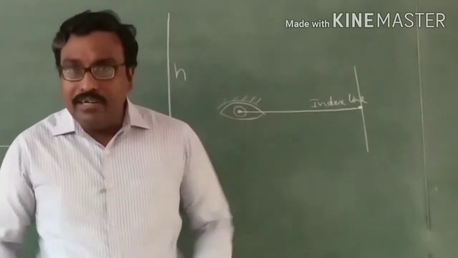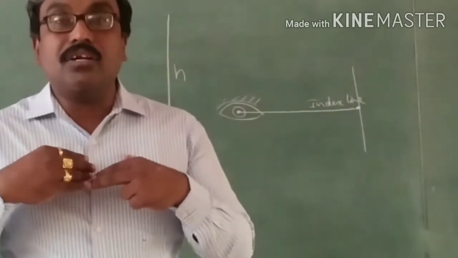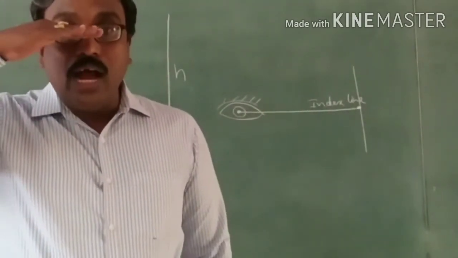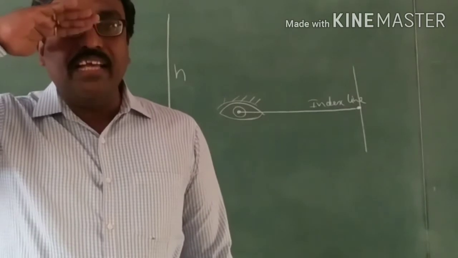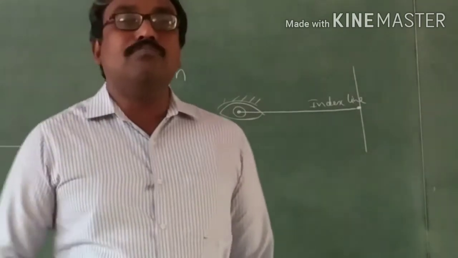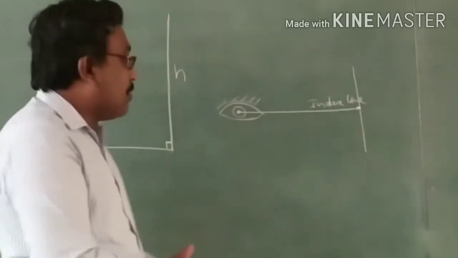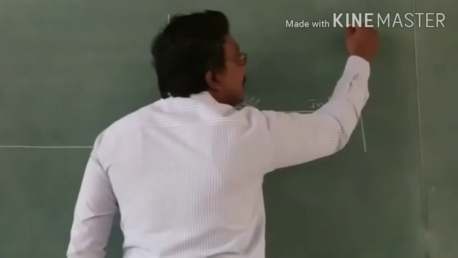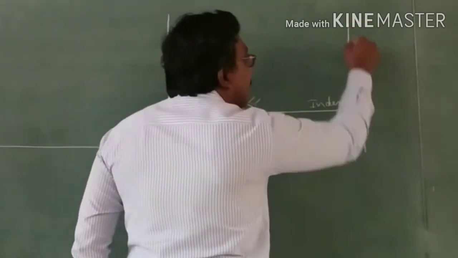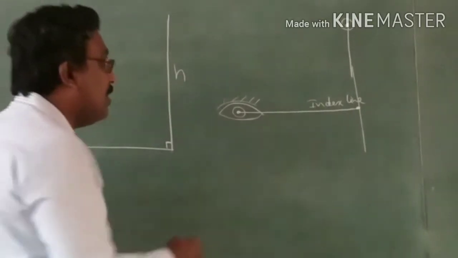So what did you do when you observed the top? You raised your eyebrows, that means your eyeball is raised, and you observed, because you did not raise your head. That means, suppose here is the object you want to observe without lifting your head.